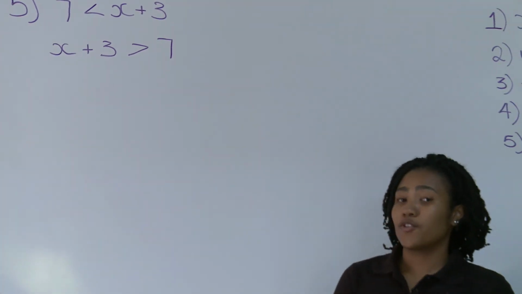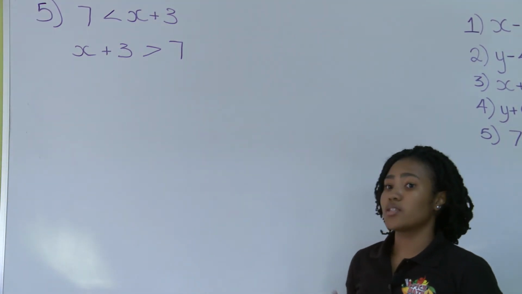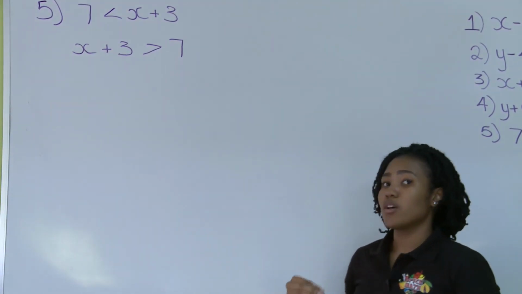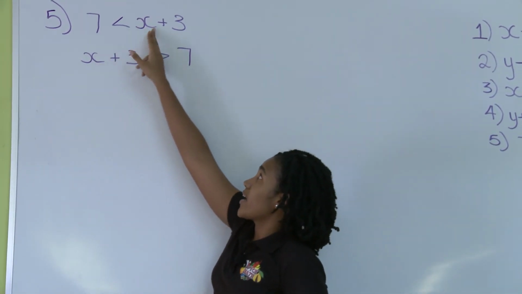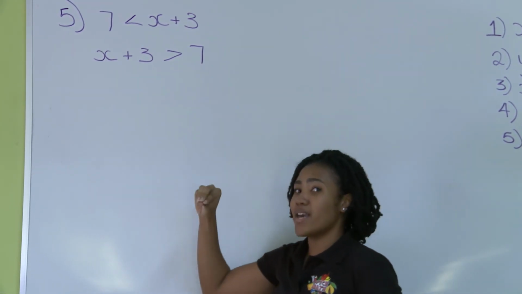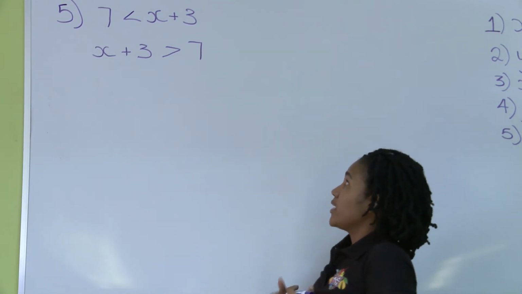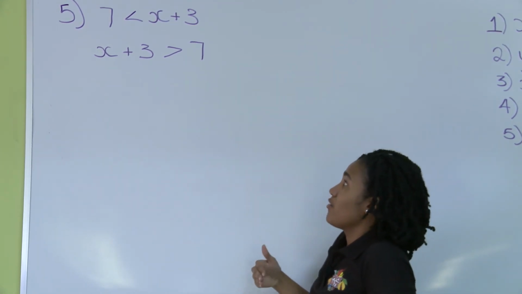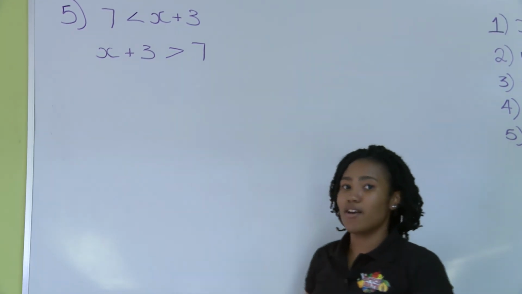Now, if you recall the features of the linear inequation, one of those features is that the inequality must remain true. So if we have here that 7 is less than x plus 3, then 7 must remain less than x plus 3. And that simply translates to x plus 3 being greater than 7.